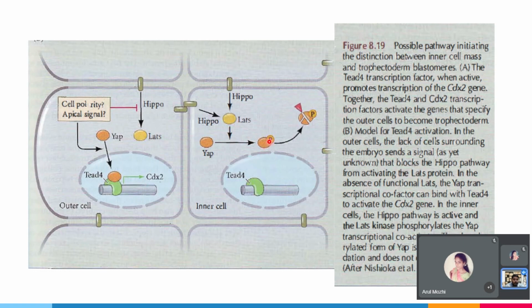And then YAP, in spite of having active Hippo signaling in this ICM cell, will still go into the nucleus and bind with TEAD4, give rise to active CDX2, and thus in both the cells CDX2 will be there because in both of them YAP is not degraded. And if both of them express CDX2, both will form the trophoblast layer, and thus we will have no inner cell mass formation, because everything that expresses CDX2 will form trophoblast.